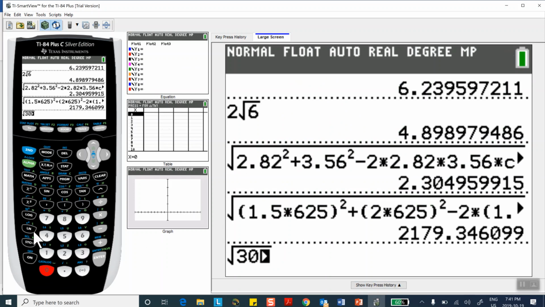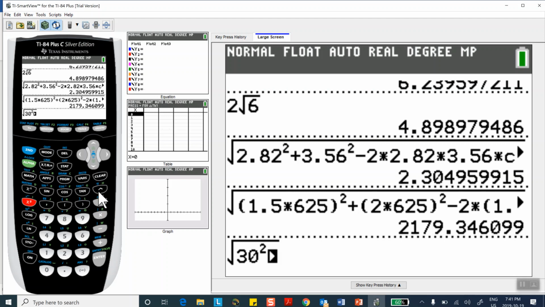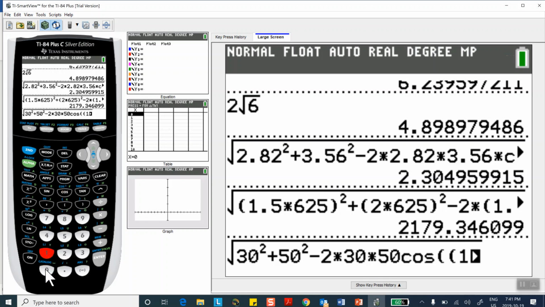Okay, 30 squared plus 50 squared minus 2 times 30 times 50 times the cosine of 100 degrees. Oops, there's too many parentheses here. Close the parentheses.